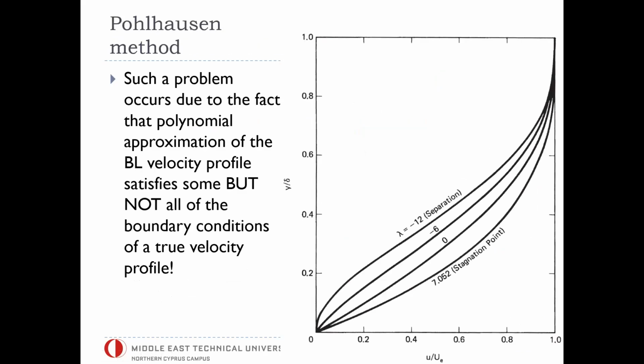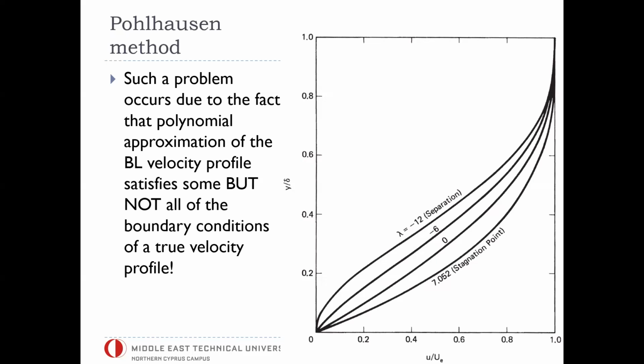This is mainly due to the fact that we are approximating the velocity profile as a polynomial. But nobody told us which function to use for the velocity profile. We first used linear, and we have seen that there are sometimes significant differences even in the simplest flat plate boundary layer case.